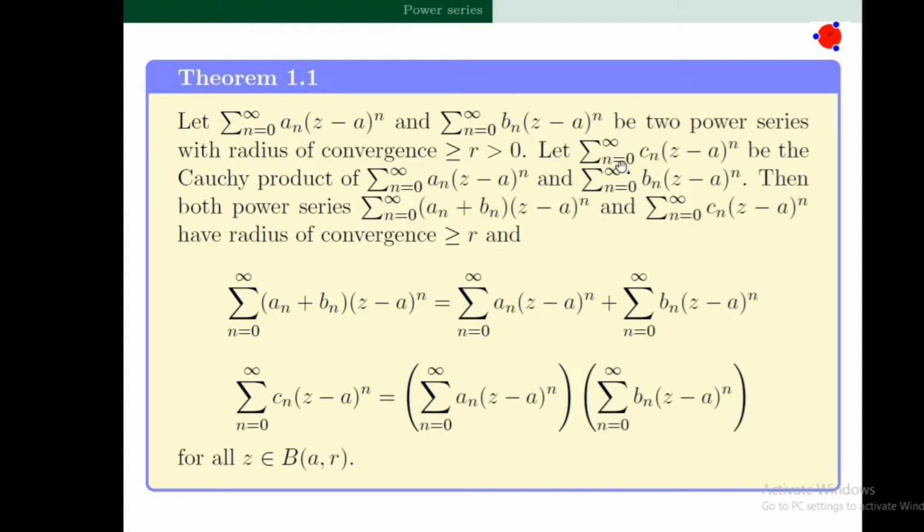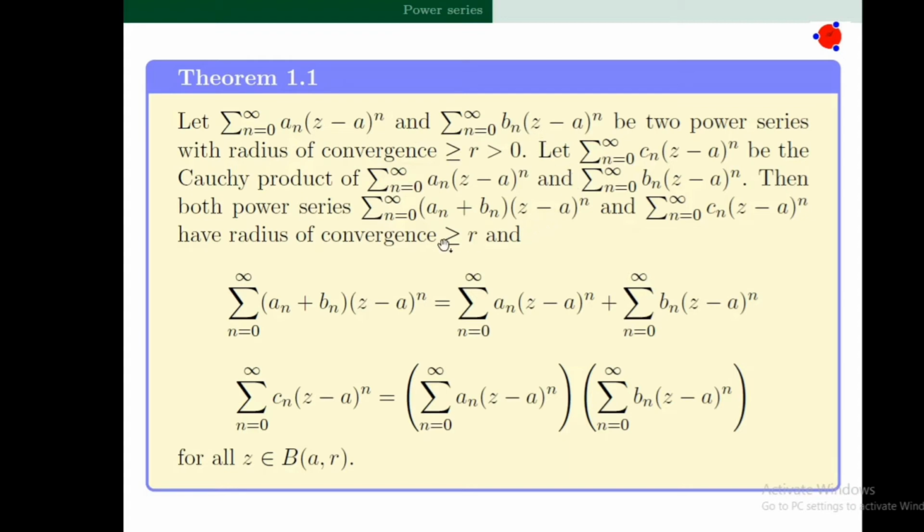And let Σ_{n=0}^∞ c_n (z-a)^n be the Cauchy product of the power series Σ a_n (z-a)^n and Σ b_n (z-a)^n, then the radius of convergence of the Cauchy product of these two power series is also greater than or equal to r.